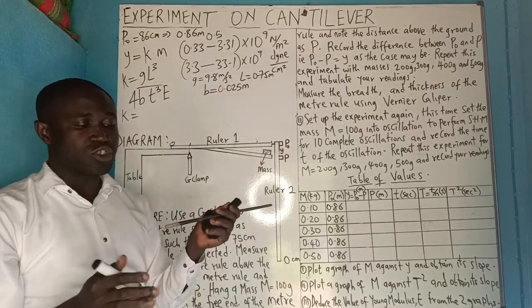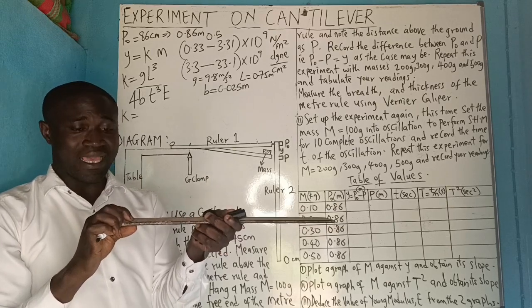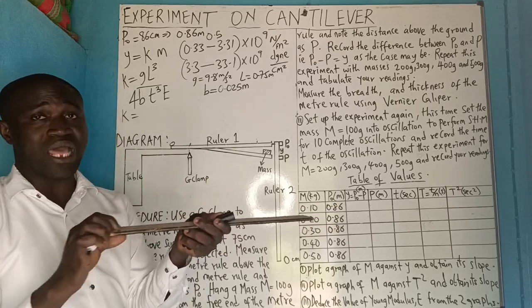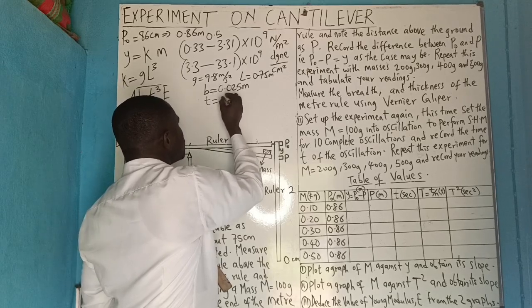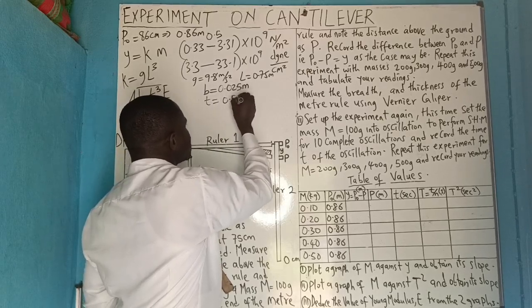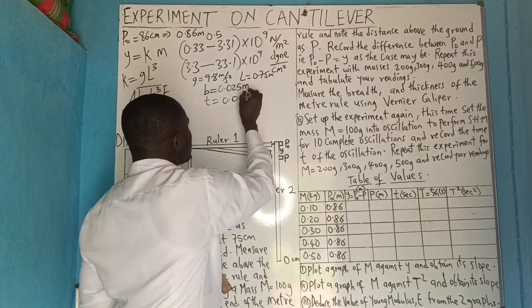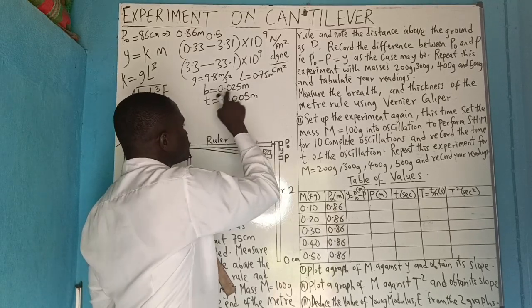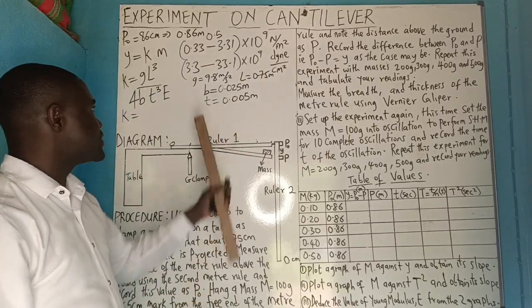Then I also use the vernier caliper to check the thickness of that meter rule, and it gave me that the thickness is equal to 0.5 centimeter, which is equivalent to 0.005 meter. Because when you divide centimeter by 100, you get it in meter.